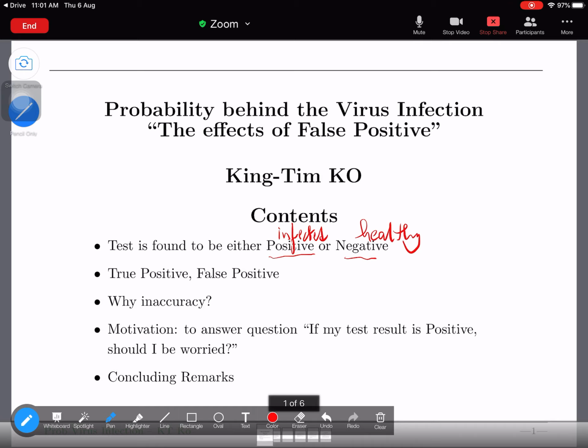For example, 99% is often cited. When that is the case, the inaccuracy shows up as a false positive. A false positive means that you are actually healthy, but the test incorrectly tells you you are infected. So we are looking at the effects of this false positive.